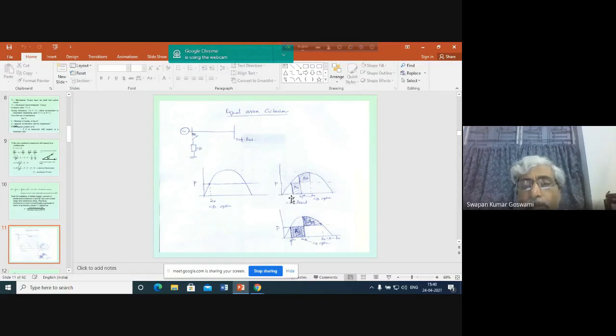Okay, so during this time when the circuit breaker was closed, the speed of the generator increased because input power was greater than the output power. As a result, the power angle has changed from delta 0 to delta 1, and an area A1 is available here.